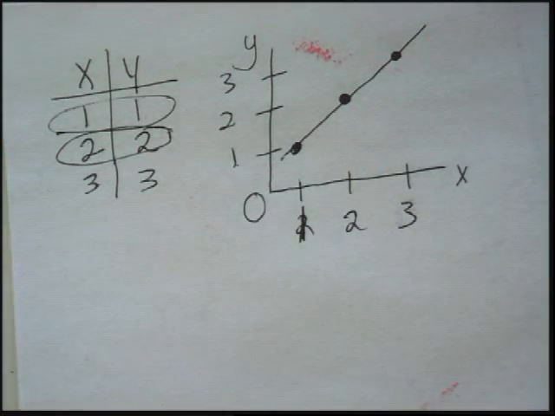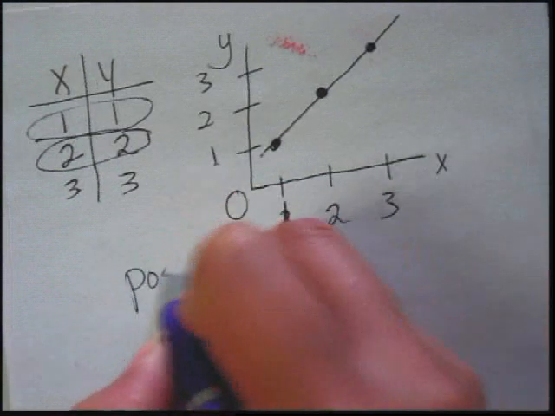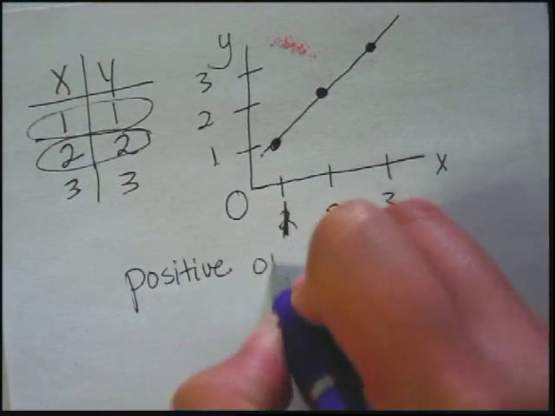And when both variables are moving in the same direction, here, 1, 2, 3, that's what x is doing. And for y, it's doing the same thing, right? It's also increasing with 1, 2, 3. What do we call that? When two variables are moving in the same direction, what kind of relationship can we call that? Positive relationship. Excellent. Another word for that is a direct relationship.